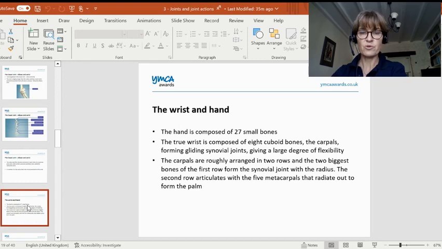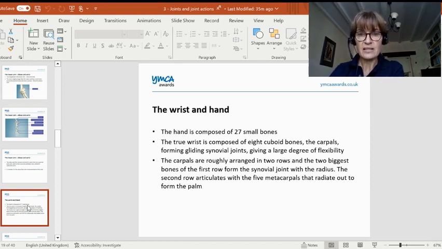So just moving down to our wrist and our hand now, and we've actually got 27 small bones in our hands, 8 of which are cuboid bones. Then we've got our carpals, which are formed by our gliding synovial joints. You don't need to know the names of all of these, which allow that large range of flexibility that we've got in our hands.